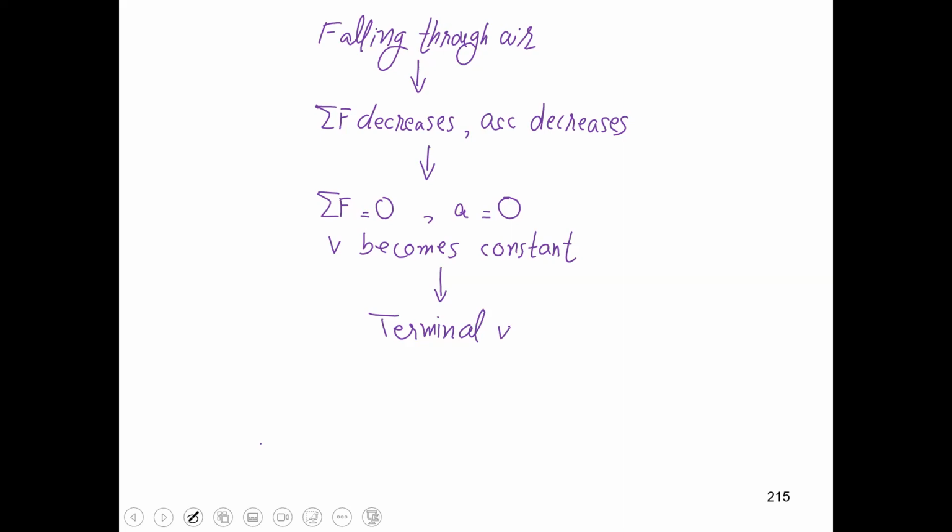It was a very important concept in O-level also. But in A-level, it is famous that this concept comes every year. When something is falling through air, resultant force decreases, acceleration also decreases. Resultant force eventually becomes zero and acceleration also becomes zero. At this point, velocity becomes constant, which is called terminal velocity.